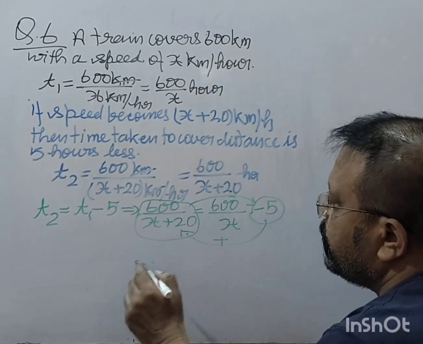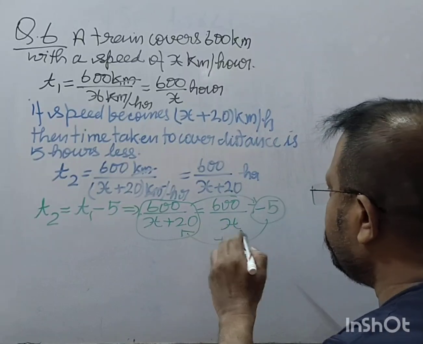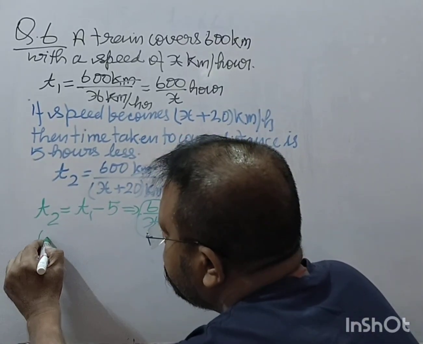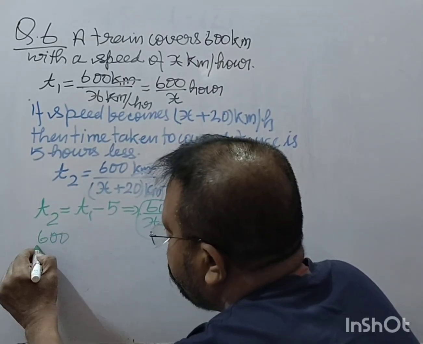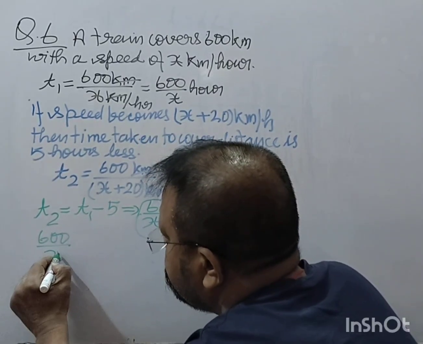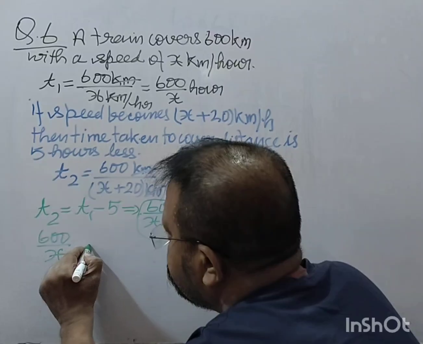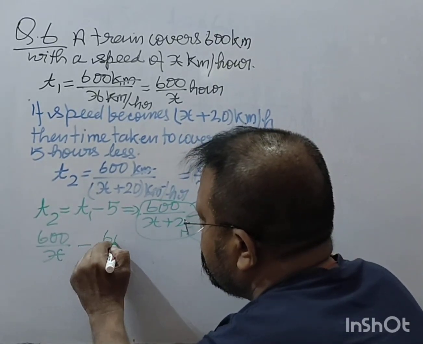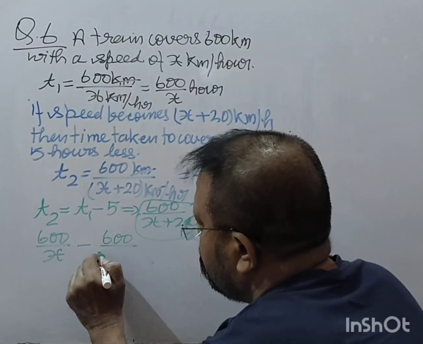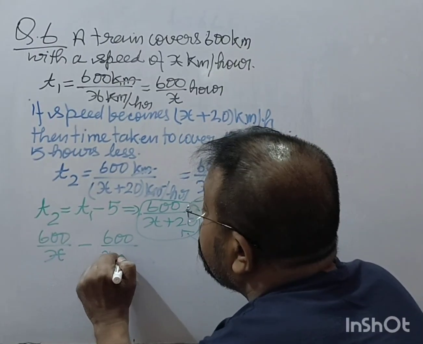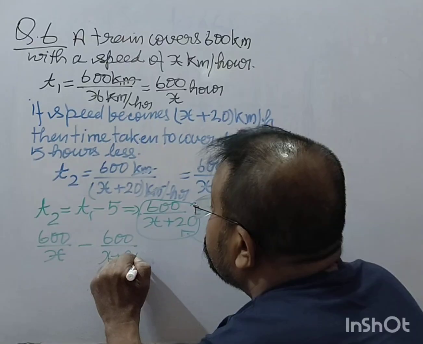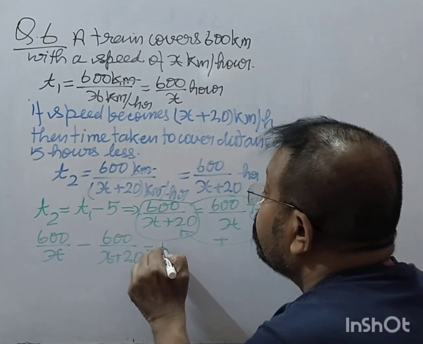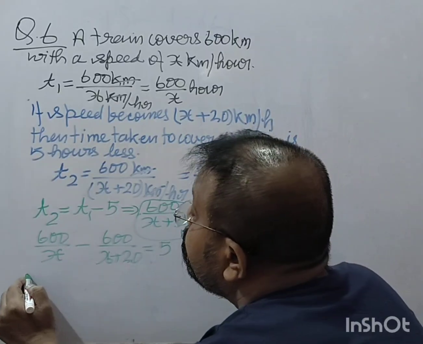It is plus, it is minus, right? So we can write here 600 upon x minus 600 upon x plus 20 is equal to 5, right?